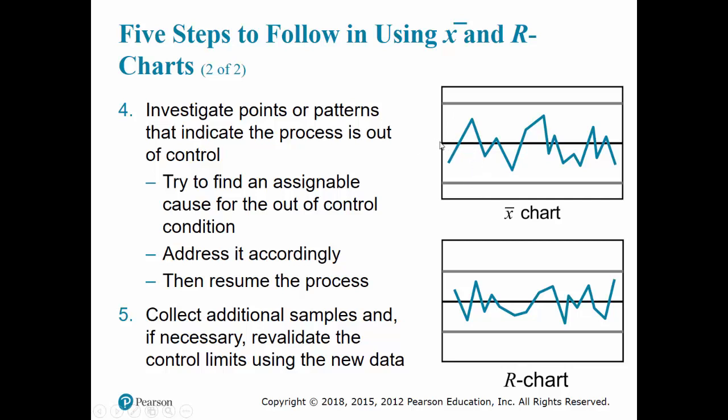So this is the central tendency and this is the amount of variability that you will normally see in a 3 standard deviation interval. 99.7% of the variability should fall within these 2 limits. Same here. Then the 4th line is the actual X bar value. For X bar chart, the actual X bars are plotted. For R chart, the R values are plotted.